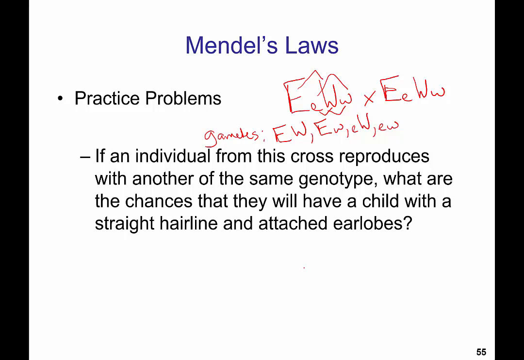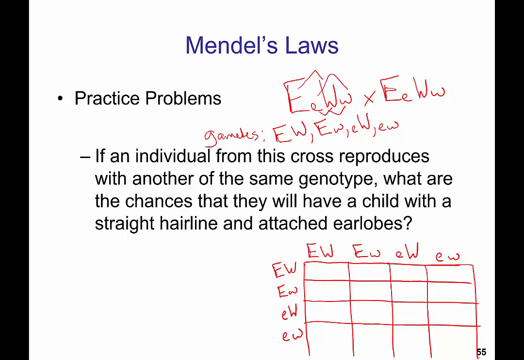If we were setting up a Punnett square, this one would have to be 4 by 4. Parent number 1 would be up at the top here, and parent number 2 along the sides. So this is just like the Punnett squares we saw worked for 2 traits.